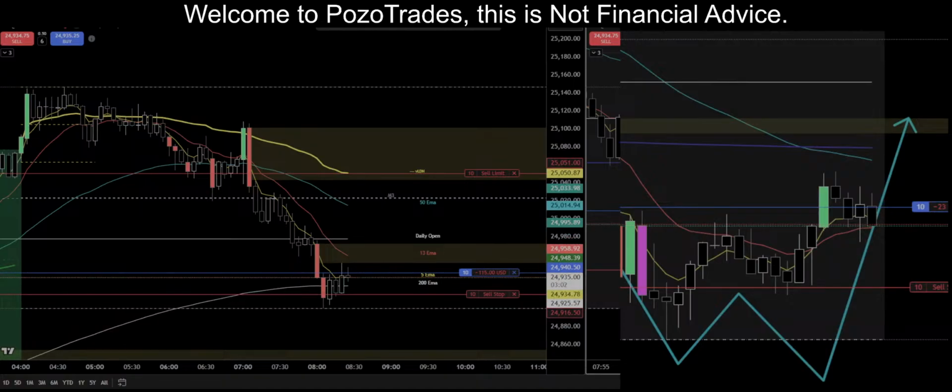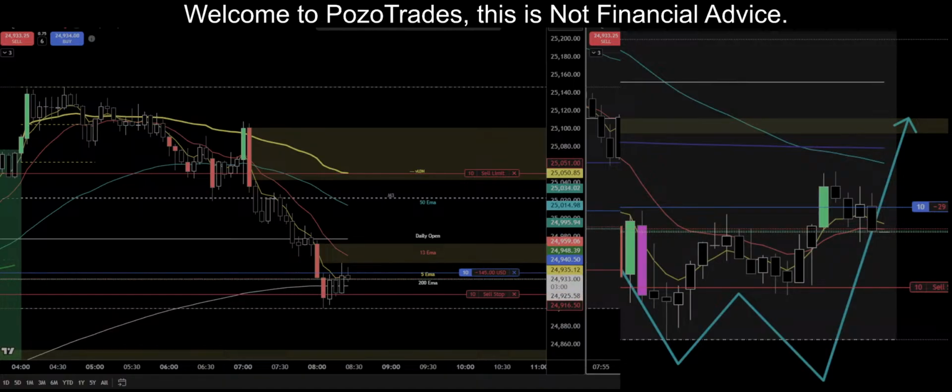We're getting that compression again on the 5 and 13. I might actually step out of this trade.